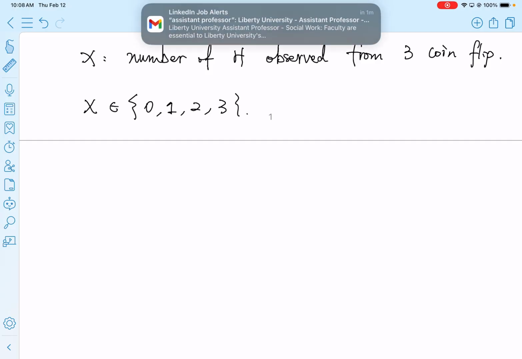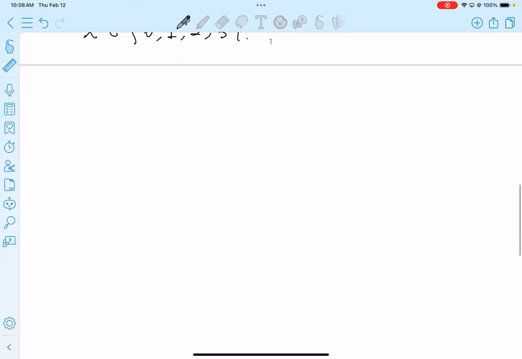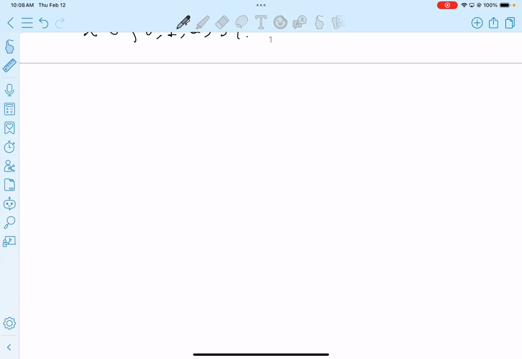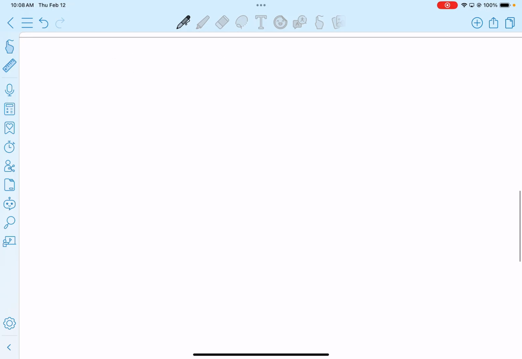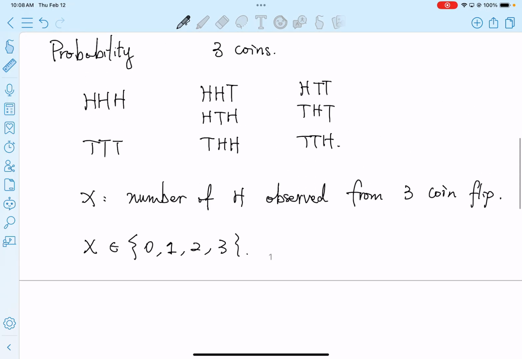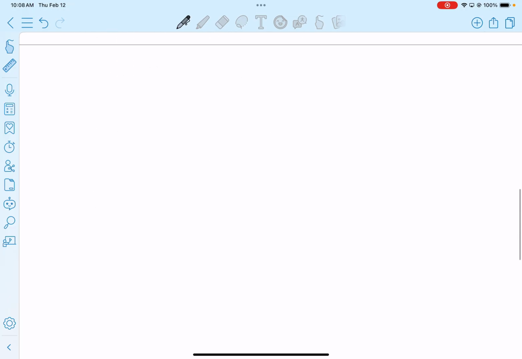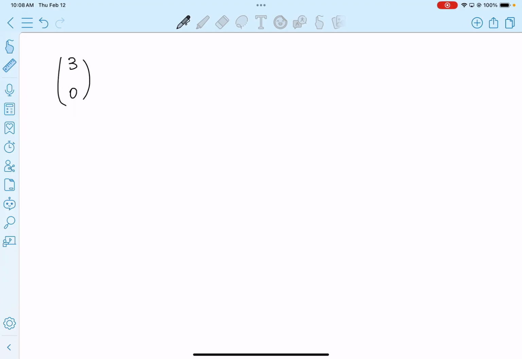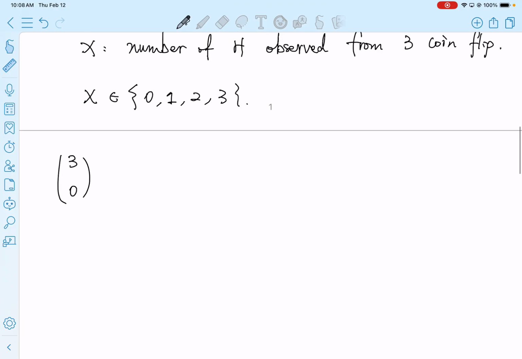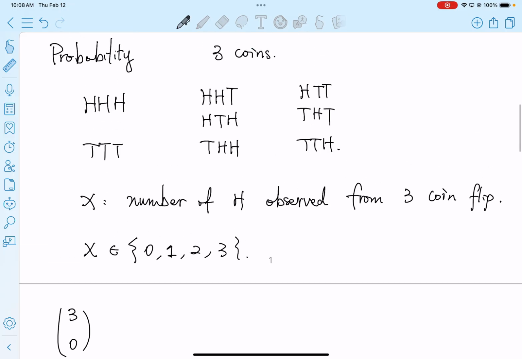So we're calculating that, first of all, we identify the number of ways to get these. So if we have 3 coins, and then we want to get 0 heads, then we have this binomial coefficient that can count how many ways that we can get that scenario.